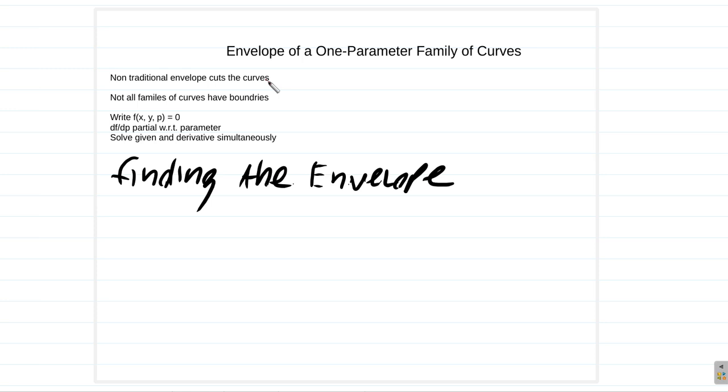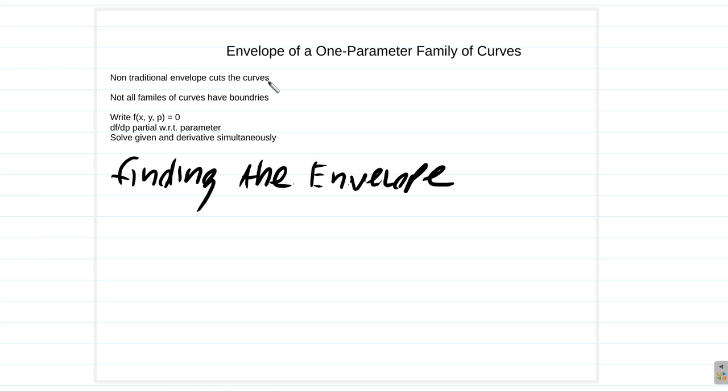So in non-classical cases, the envelopes can appear to intersect or cut through the family of curves, especially when the family of curves is algebraically degenerate. There might be a case of them crossing one particular point, all of them cutting each other.